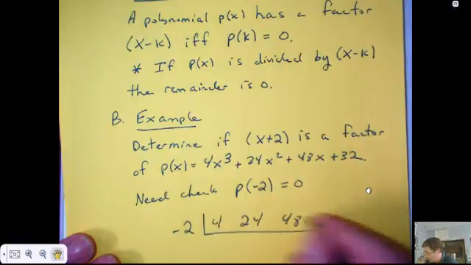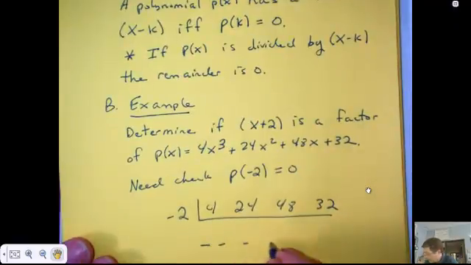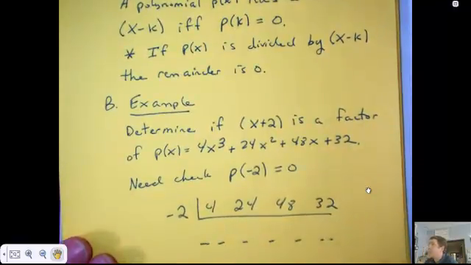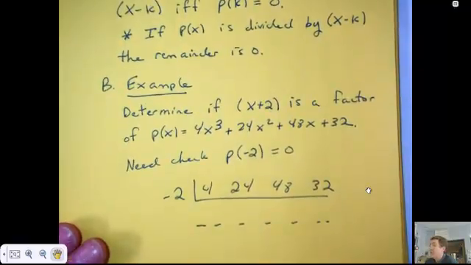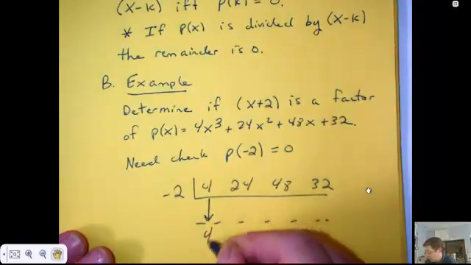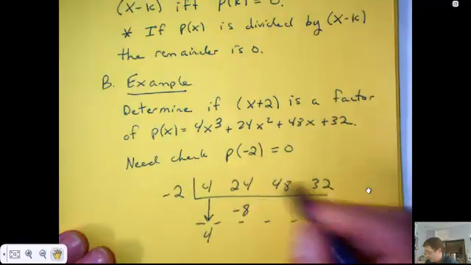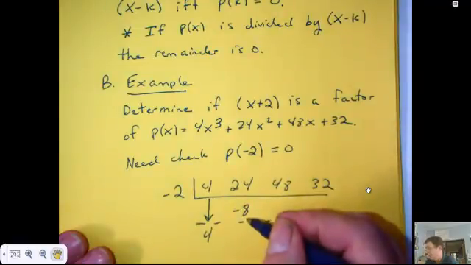I guess I don't have any zeros, do I? And this gives us a chance for you to use synthetic division as well. So what's my first step on synthetic division? Drop the 4 down. And then I multiply. And I add. Let's see, so 24 plus negative 8.